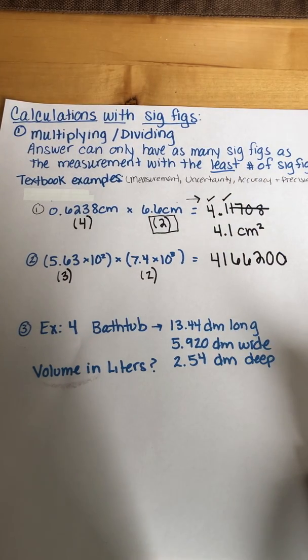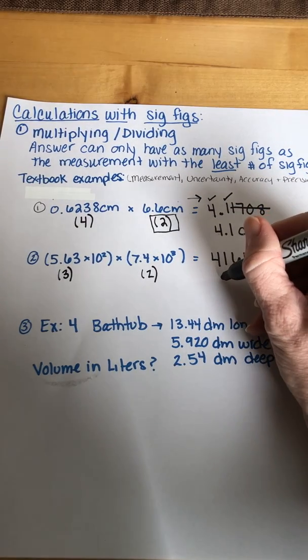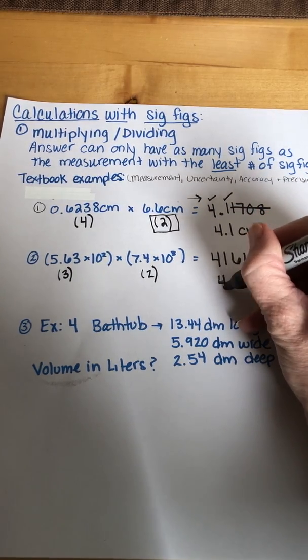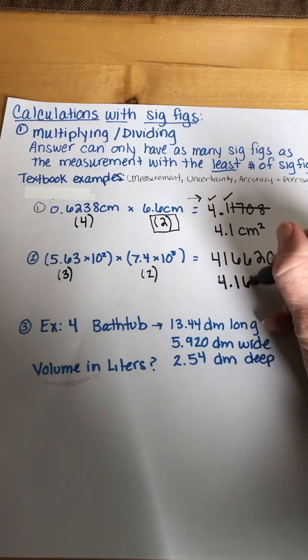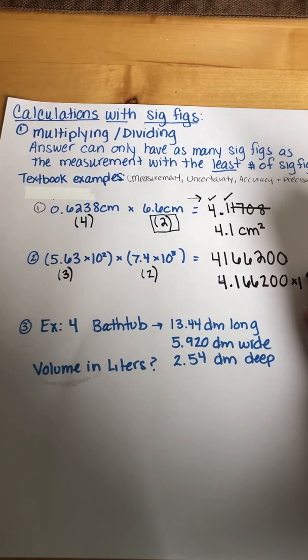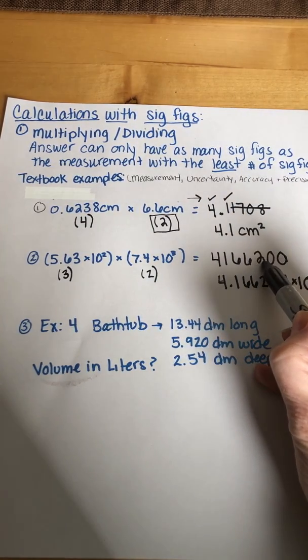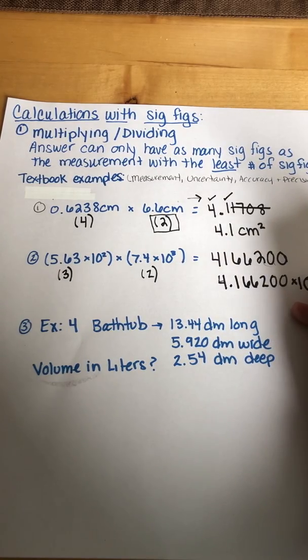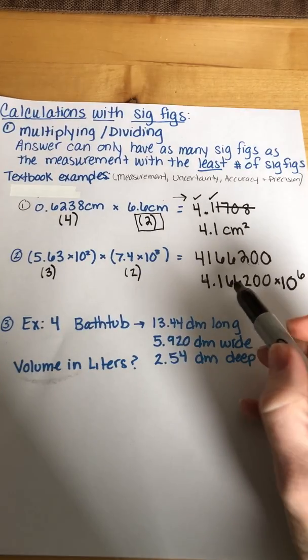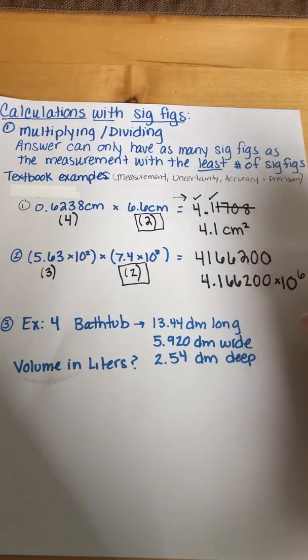So I could rewrite that in scientific notation, which is going to be 4.16620 times 10 to the, 1, 2, 3, 4, 5, 6. Okay, so this base number here can only have 2 significant figures.